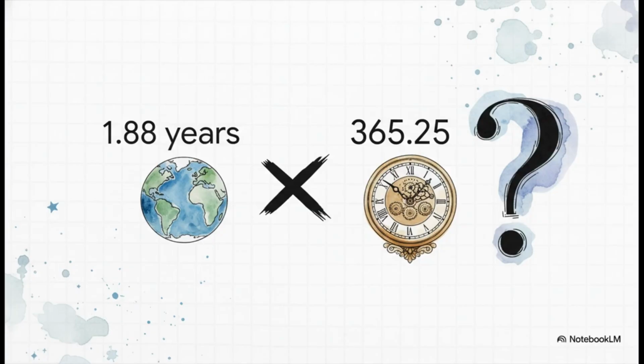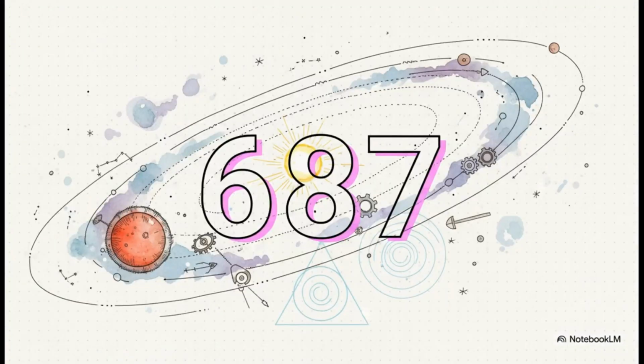So to help us conceptualize this, let's convert this duration into Earth days. We just multiply it by 365.25. And the result is approximately 687 days. That is the length of one complete orbit of Mars around the Sun, but expressed in a unit we can all readily understand. It really is a remarkable achievement to get this number from just a single measurement of distance.